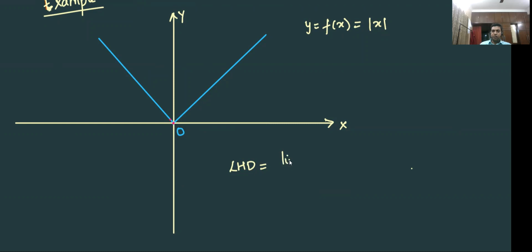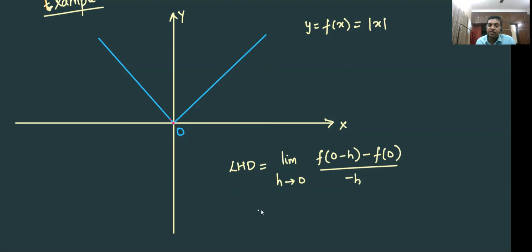So limit h tending to 0, f of, now I am finding at 0, right? So 0 minus h minus f of 0 upon minus h.